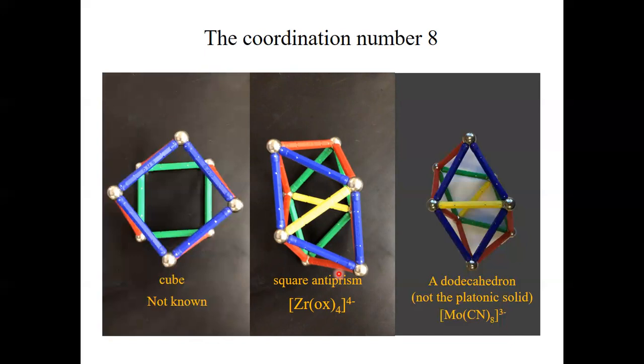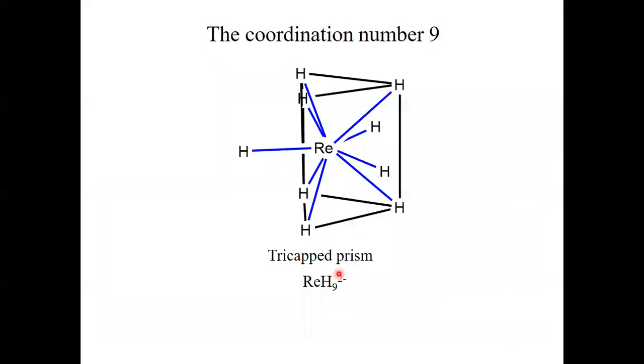Okay, now let us go from the coordination number 8 to the coordination number 9. One example for the coordination number 9 is the nonahydridorhenate 2-, which is a tricapped prism.